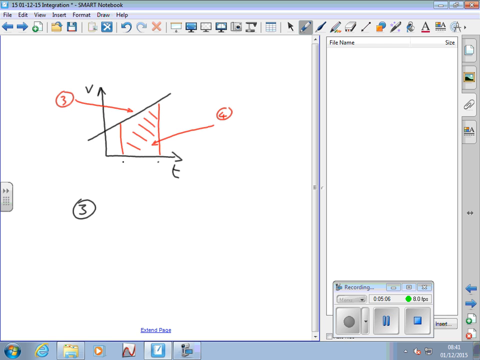Right, the acceleration. And looking at that straight line, what can I say about the gradient? It's uniform, right, so it's a constant or uniform acceleration. If it wasn't a straight line, it was a curve, this would still be telling me the acceleration, but the acceleration would be changing.